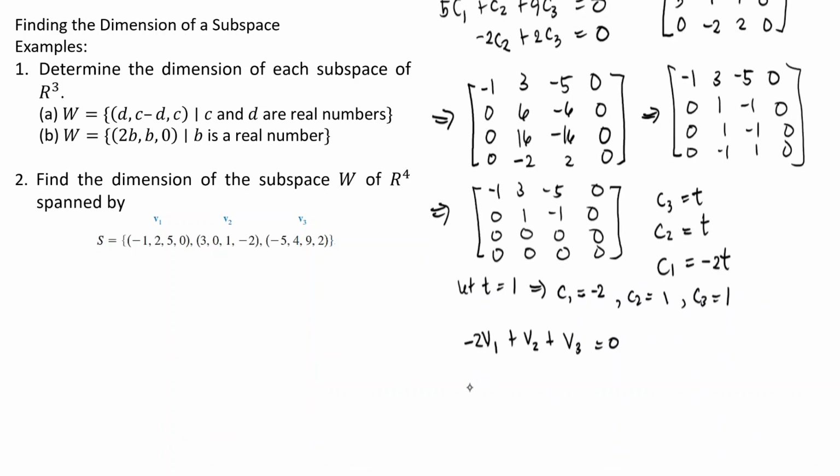Okay, which implies that V sub 3 is equal to 2V sub 1 minus V sub 2.